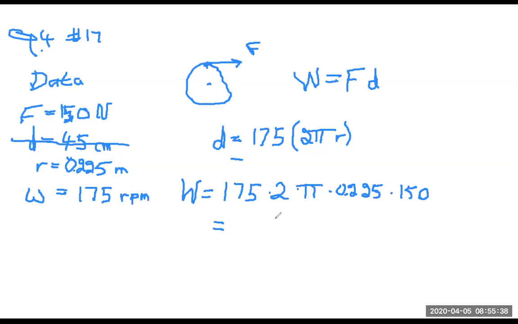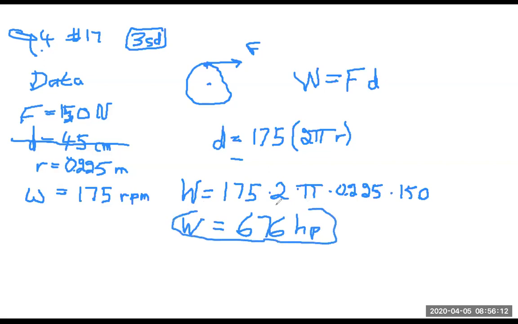And when we multiply these numbers out, and then we apply our 3 sig digs, which we should have written down, we're going to get 676 horsepower. Because they asked us for the work in horsepower. And so we box it, and we got our answer.